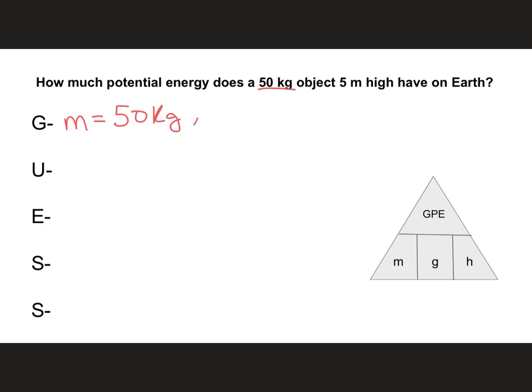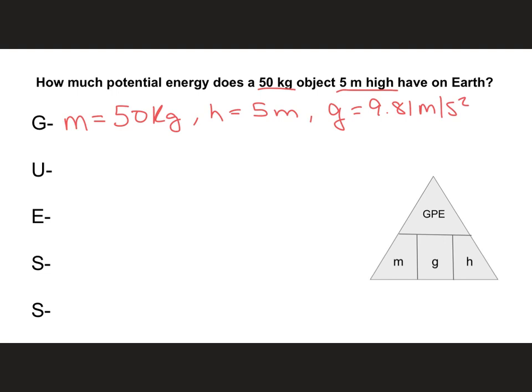It also gave me 5 meters high, so that's a height. In every single one of these problems, gravity is going to play a role. It's not written, but gravity is still there. Remember, if gravity ever disappeared, we'd be flying off the Earth's surface. So those are our givens.